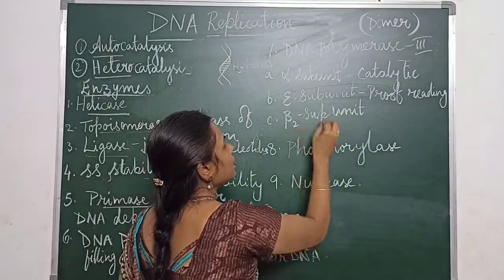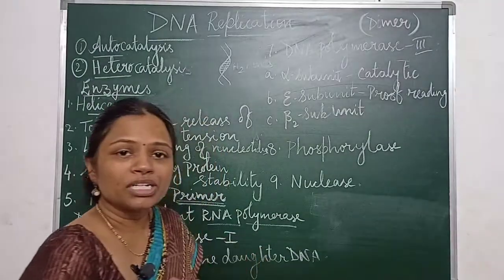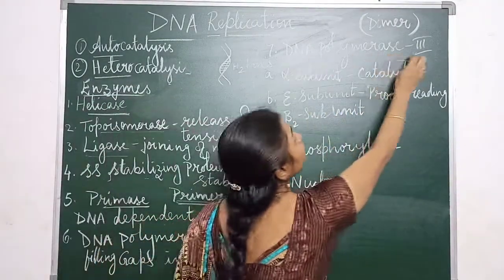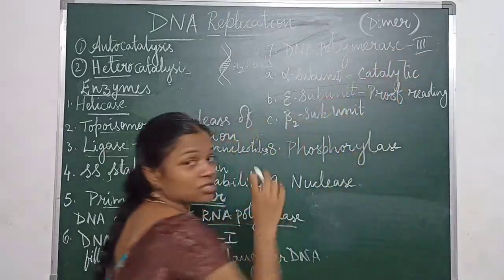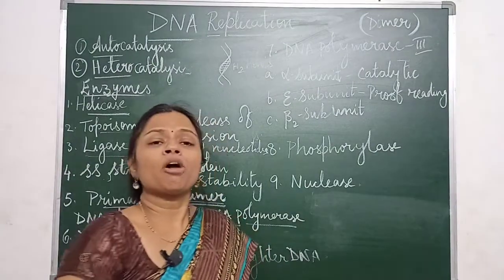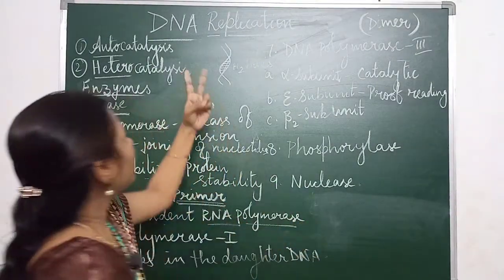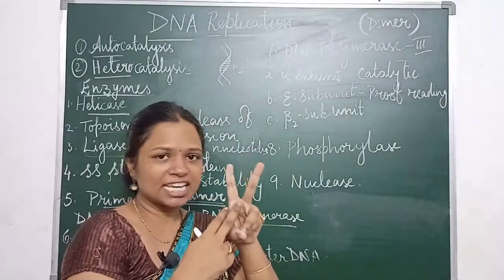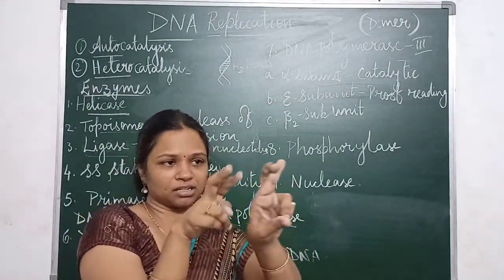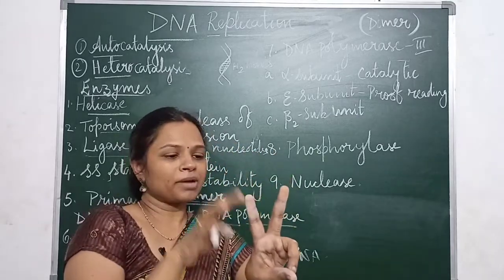Okay, and then coming to the beta subunit. This subunit helps the whole unit of DNA polymerase 3 to act for a proper sliding process. Now, for example, the unwinding of the DNA helix has taken place, right? Okay, now the primer is formed and all those.